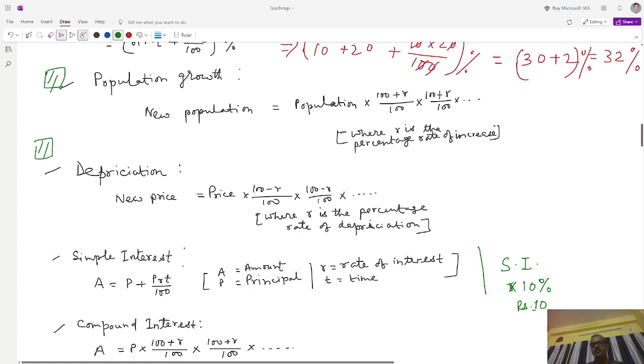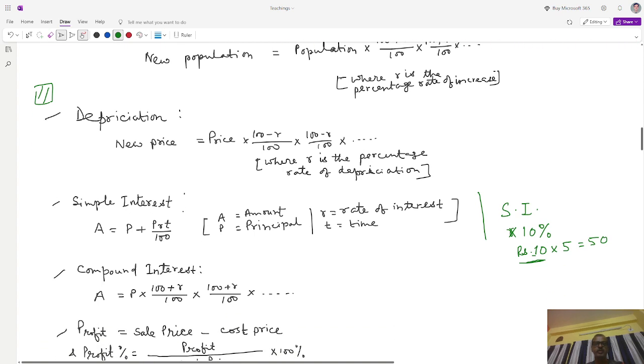Then for 5 years, it will simply be multiplied by 5, which is equal to 50. So the interest amount remains the same for every year, and that is why it is known as simple interest.